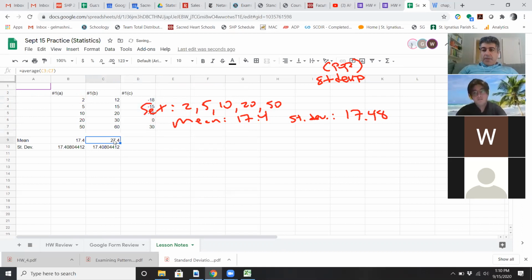So we would expect the mean to go down by 20. If you took 17.4 minus 20, you get negative 2.6. But standard deviation will not change again. So we went back to our notes.